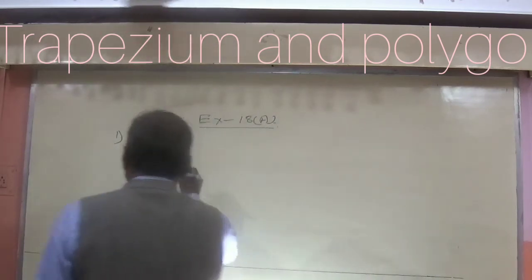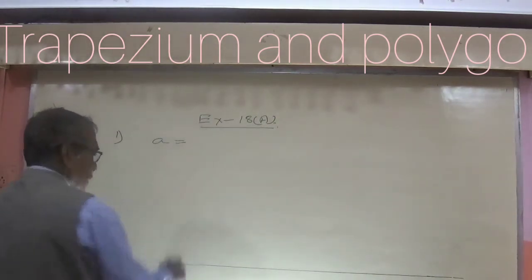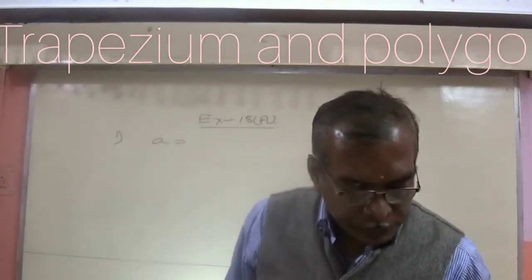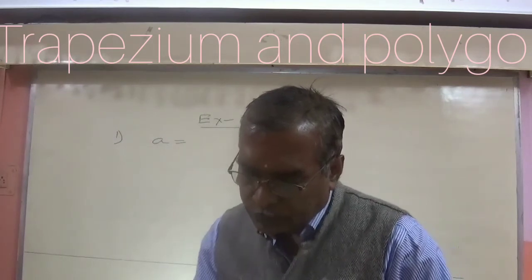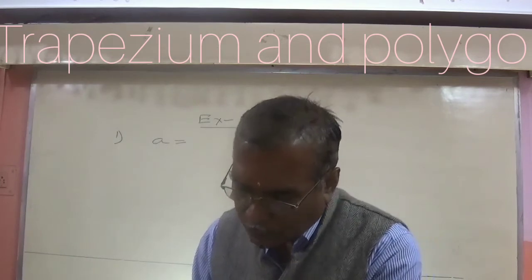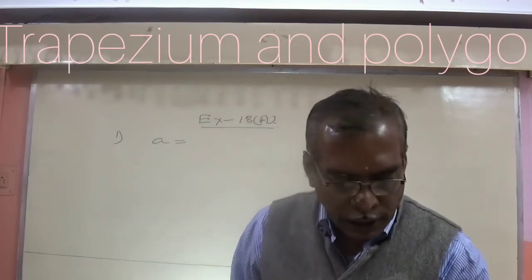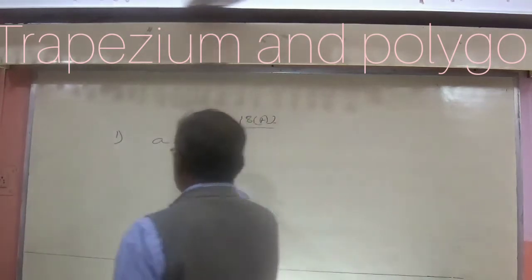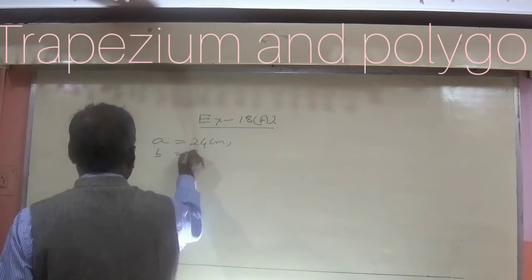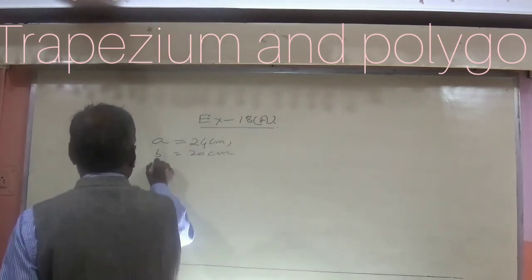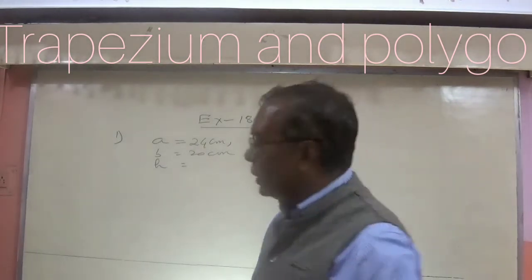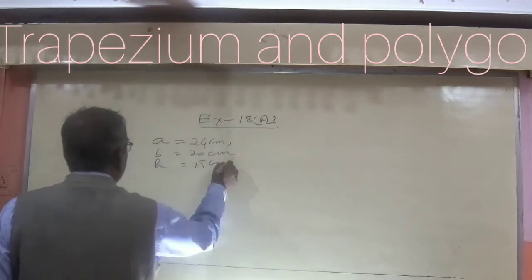So you can say that the lengths of the parallel sides are given as 24 and 20 centimeters. That is, A is equal to 24 centimeters and B is equal to 20 centimeters, and height is given 15 centimeters. You have to find the area.